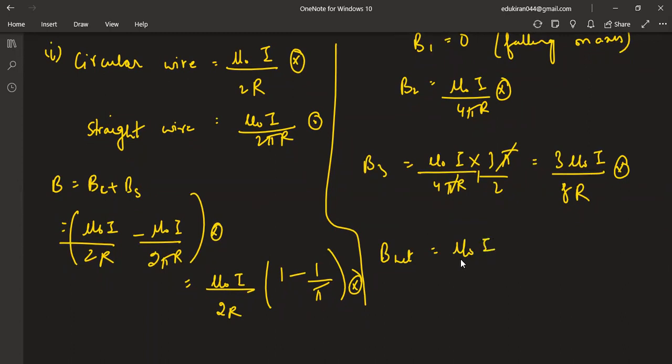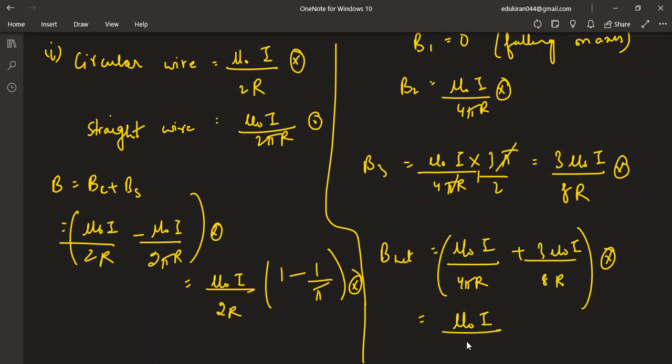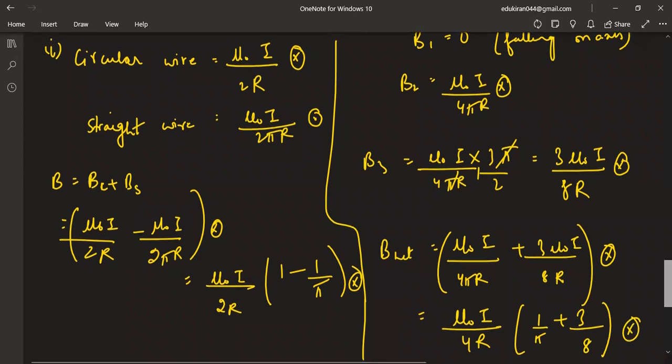This becomes mu naught I by 4 pi r plus 3 mu naught I by 8r, all inwards. So net magnetic field will become mu naught I by 4r, 1 by pi from here, and 3/8 from here is left. This is the solution for both of these.